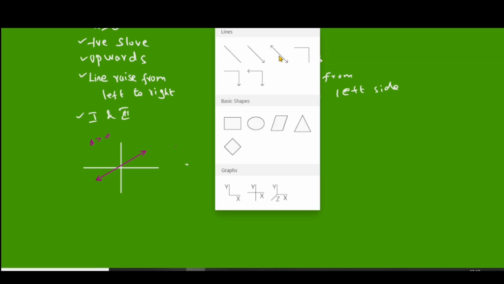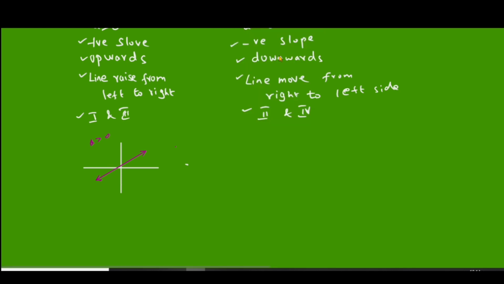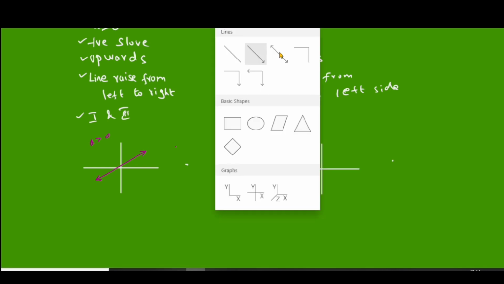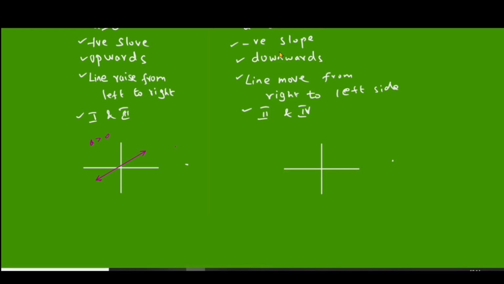Suppose A is less than 0, through the origin the line moves like this when A is less than 0.